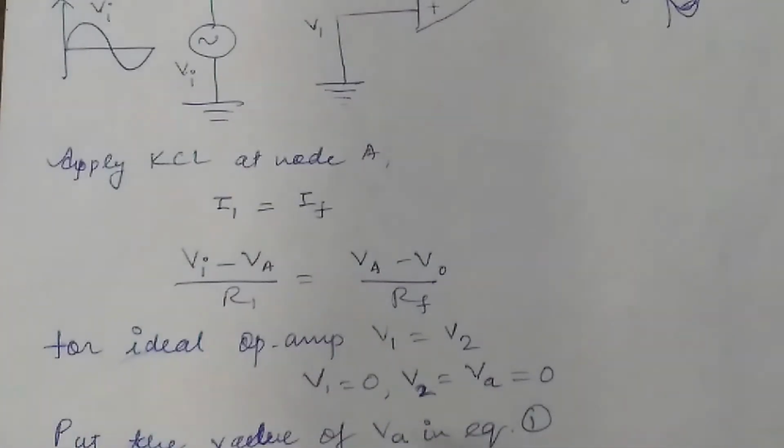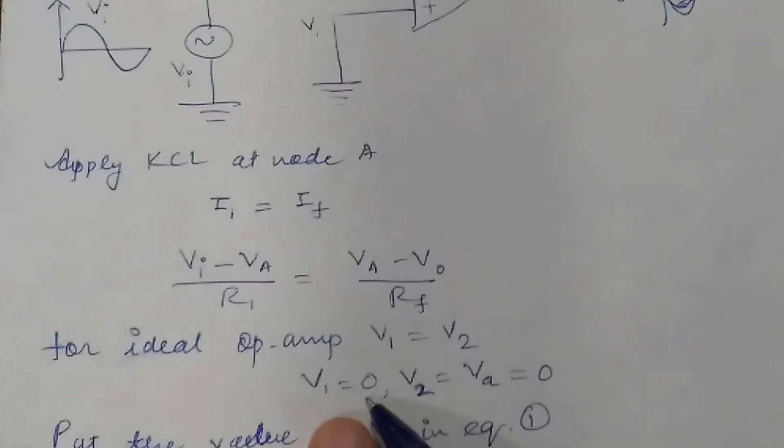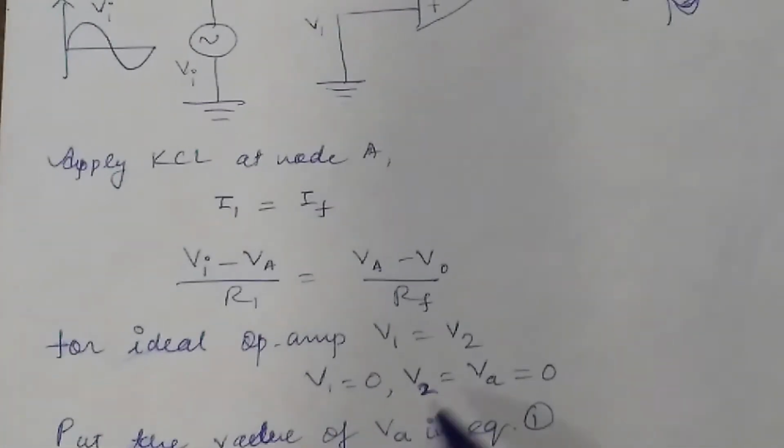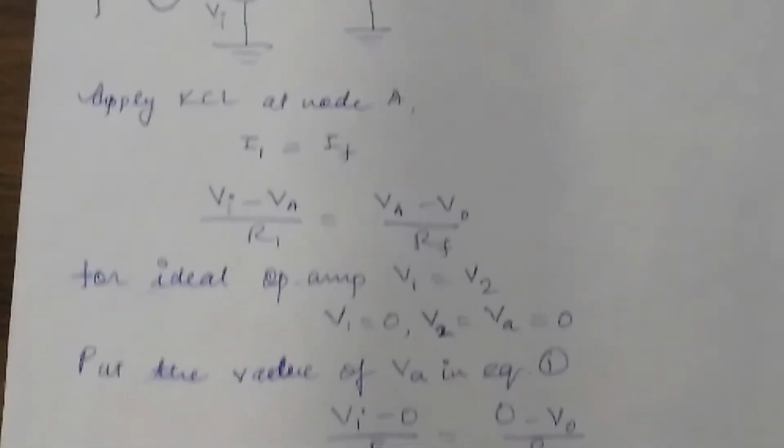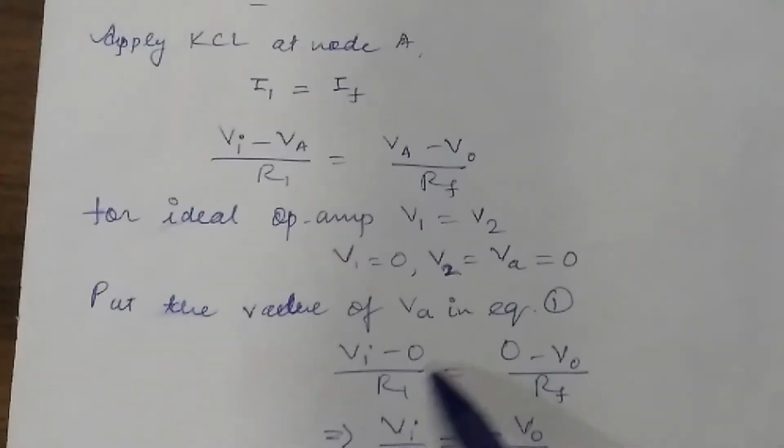By applying this condition, V1 equals 0, and V2 equals VA, which is also 0. If we put this value into the equation, then (Vi minus 0) divided by R1 equals (0 minus VO) divided by RF.